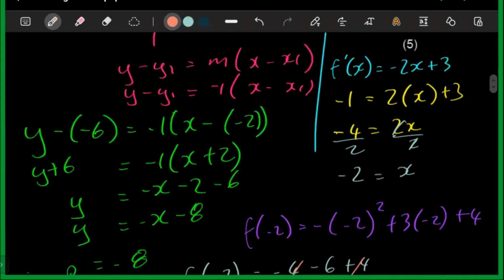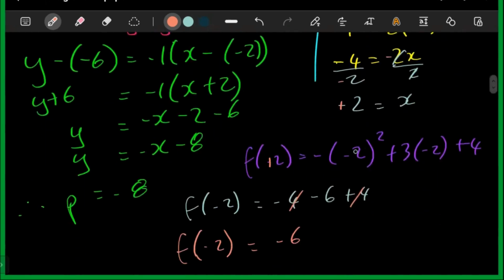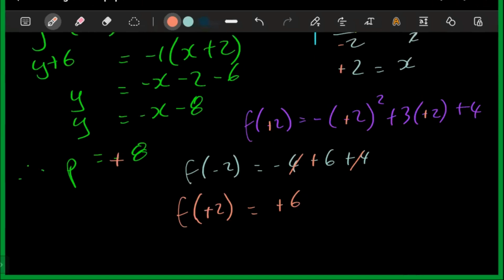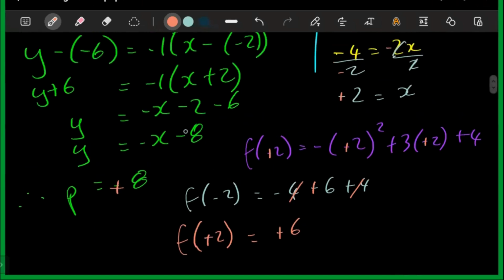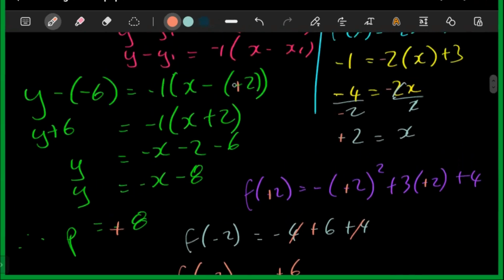This is supposed to be a negative, then this is a plus. And if this is a plus, it means this comes out as a plus, this comes out as a plus. Because this would be a plus, meaning that this would be a minus.